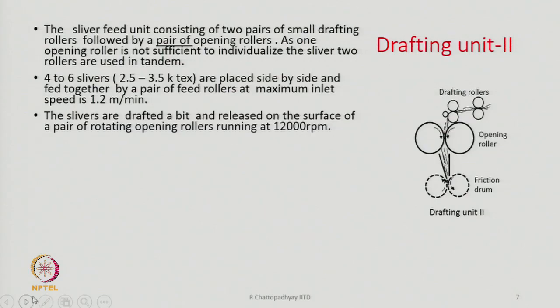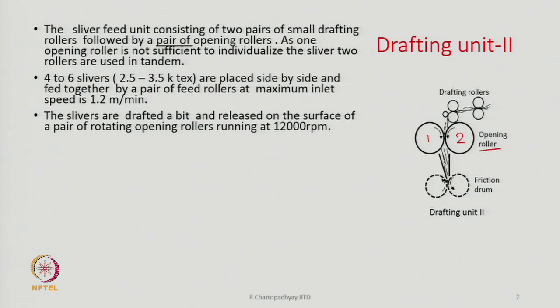Drafting unit 2 is similar to the drafting units we have in rotor spinning machines, where the fibers from the slivers are separated by one opening roller. Here we have two opening rollers, 1 and 2, not just one. The two rollers are required for complete separation, individualization.